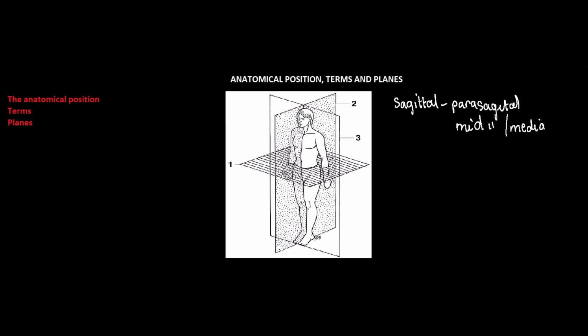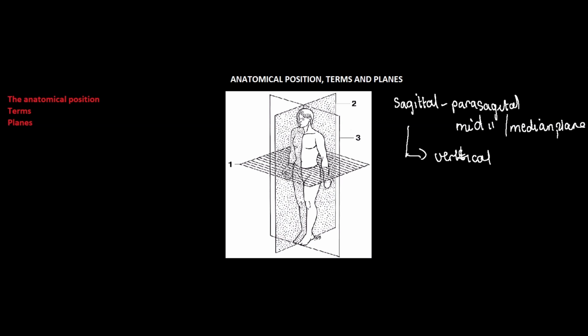The mid-sagittal plane is also known as the median plane. And of course, the sagittal plane is a vertical plane, so it divides the body into left and right.